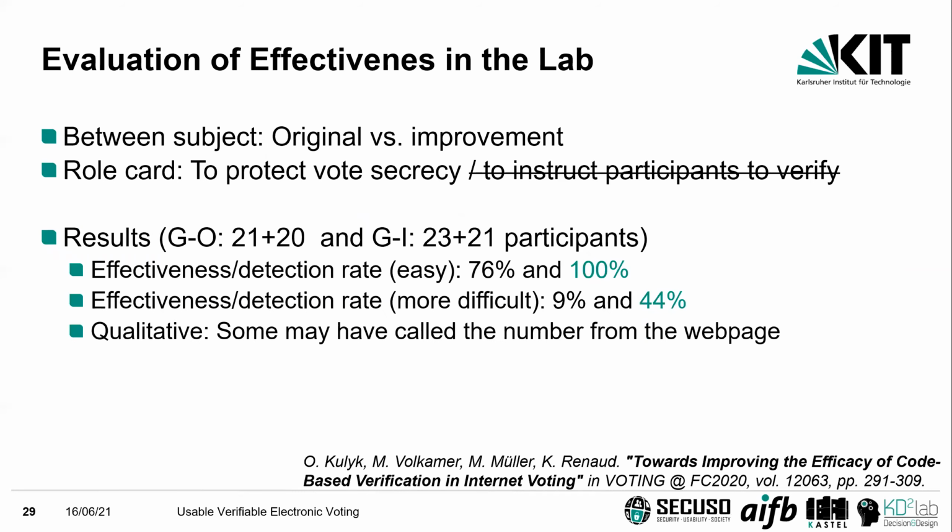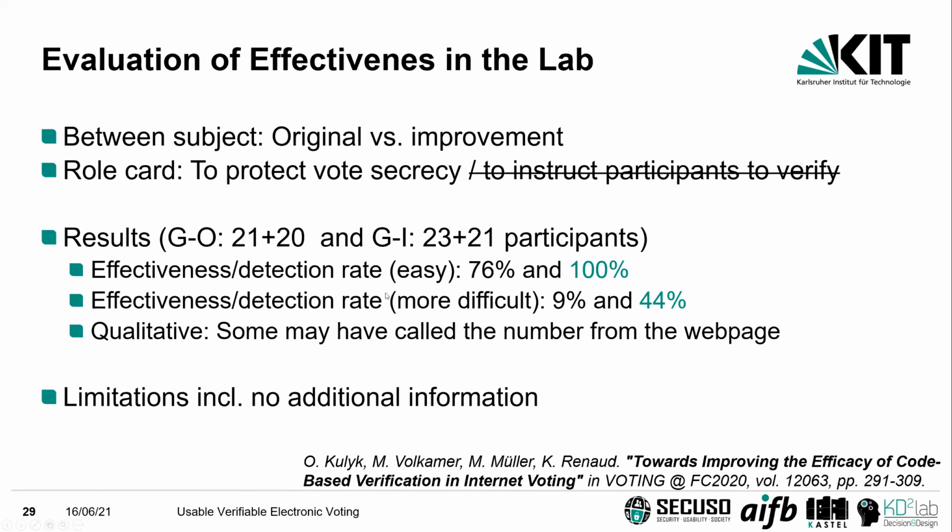We just come to the results. For the easy to detect one, with the original one, this time we had not 100% detection rate, but with our improvement we had. However, and I think that's alarming, if you go to the more difficult one, with the original one, only 9% of the participants detected it. And even with our improvements, only 44% detected it.